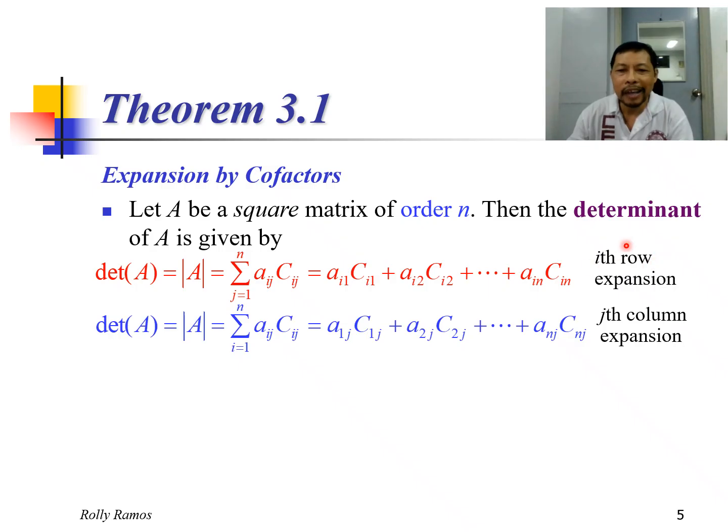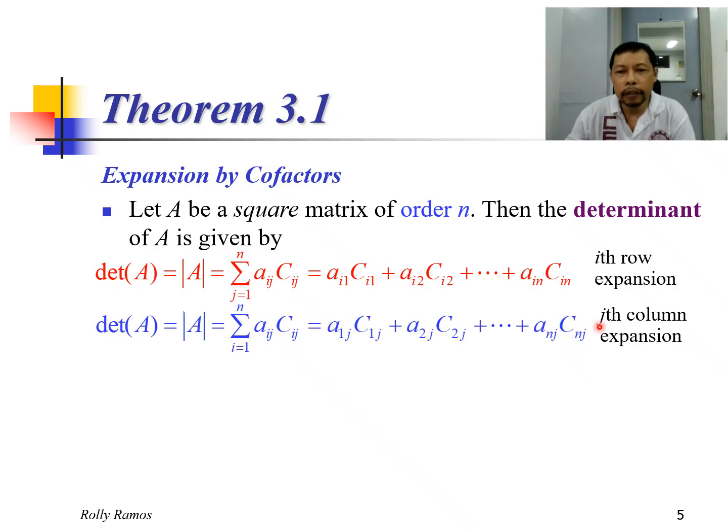So in general, the ith row refers to any row. It could be row 1, row 2, row 3, up to row n. Just select which row you want to expand. And aside from that, we could also expand about any column.